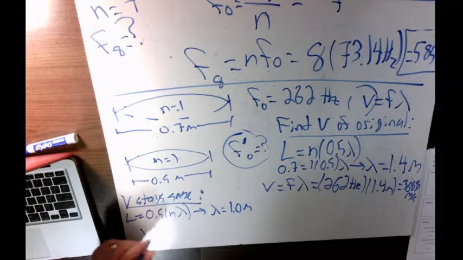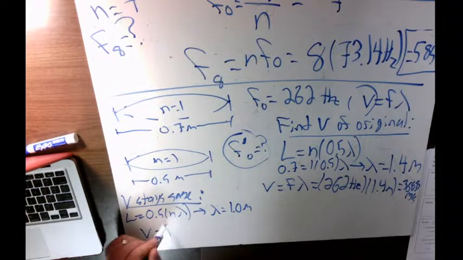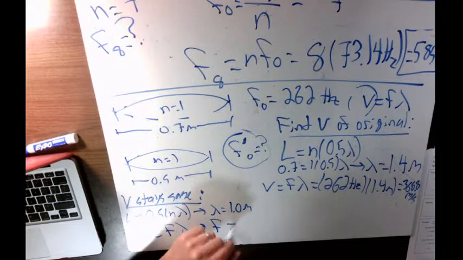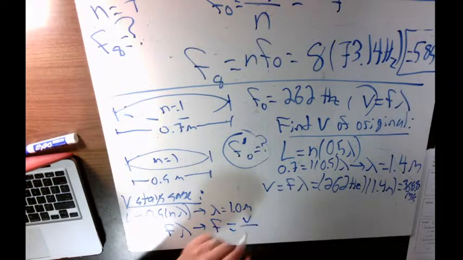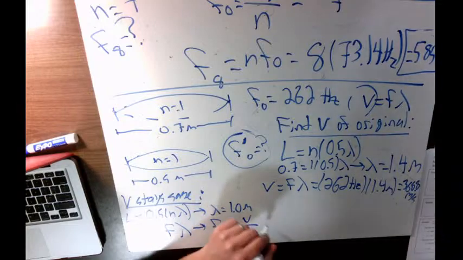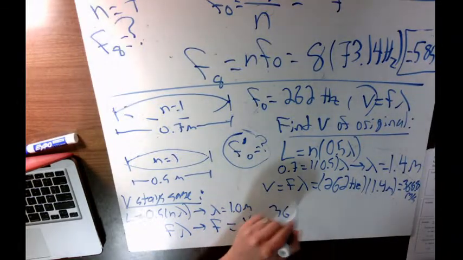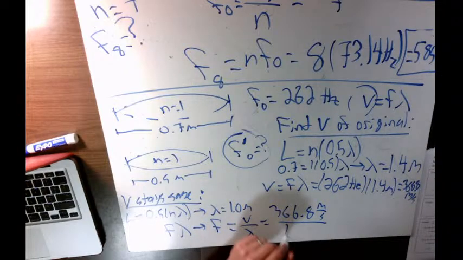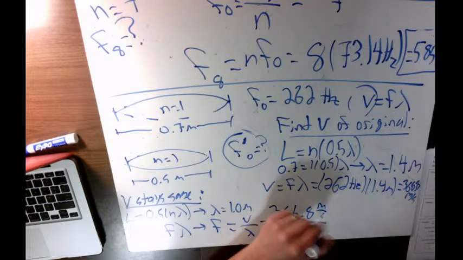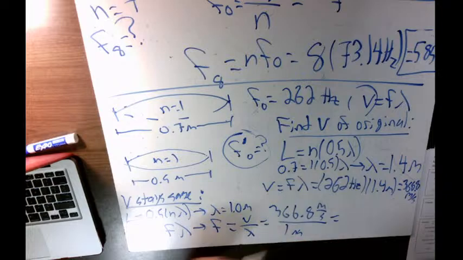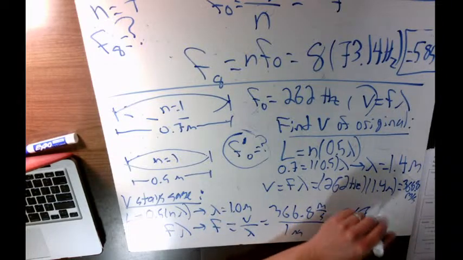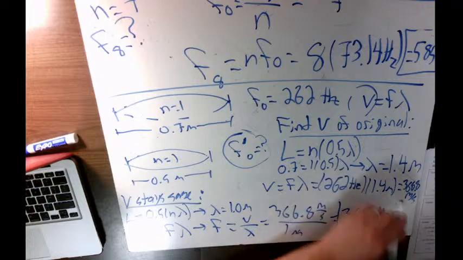So from our universal wave equation, speed is frequency times wavelength. We can find our frequency as speed divided by wavelength, which is going to be 366.8 meters per second divided by 1 meter. Meters will cancel out. We're left with 1 over second as our unit, which is hertz. We get 367 hertz as our new fundamental frequency.